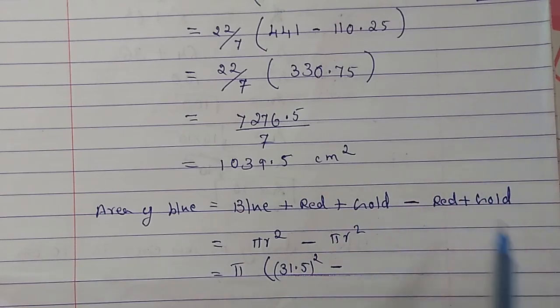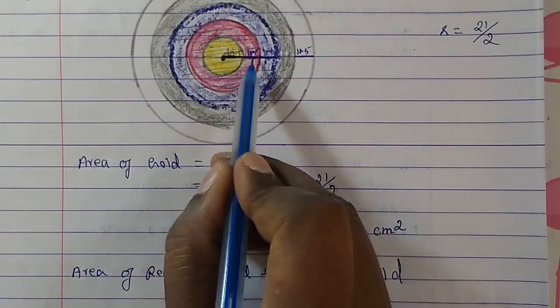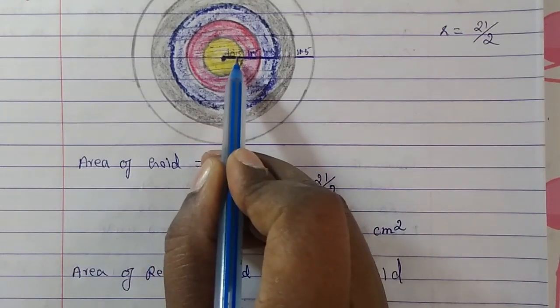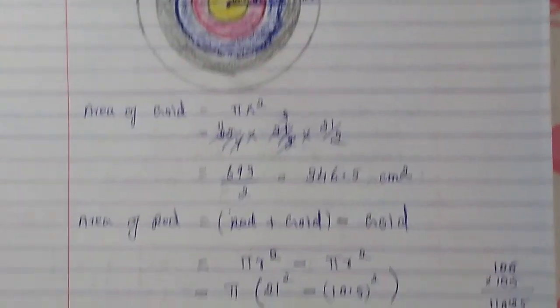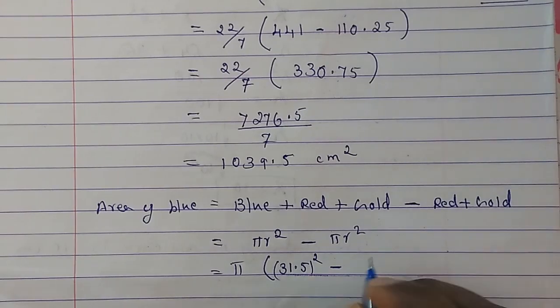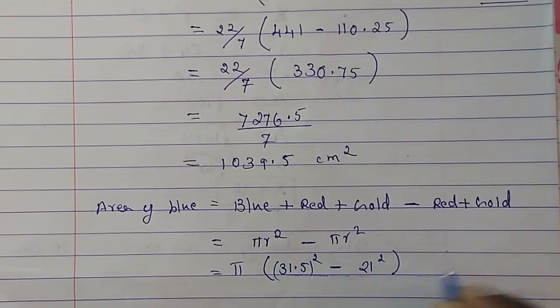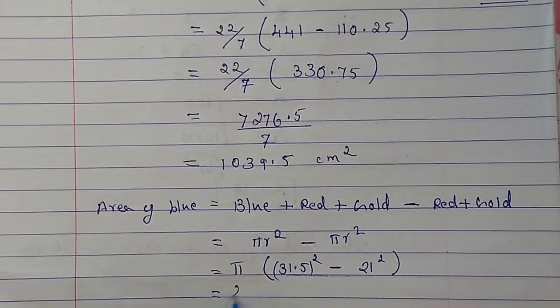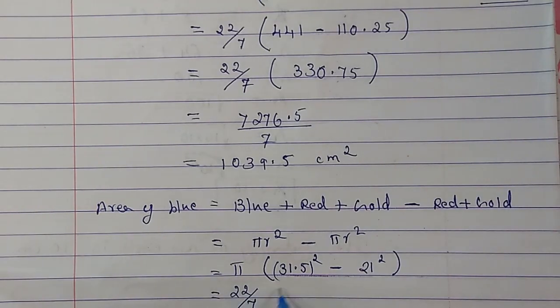For red and gold, the radius will be 10.5 twice, total 21. So 21 square. The pi value is 22 upon 7. 31.5 squared you will get 992.25. Then 21 squared you will get 441.